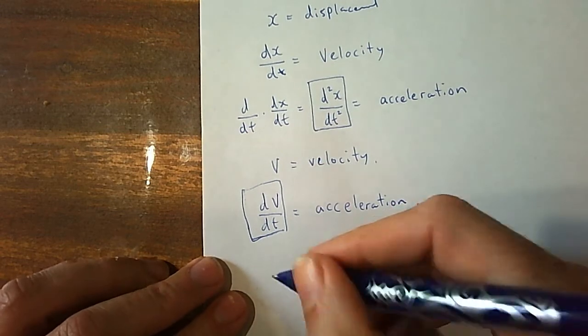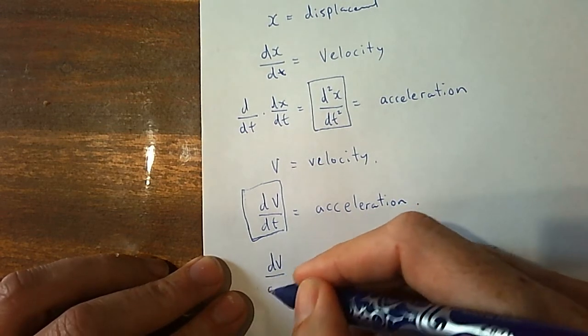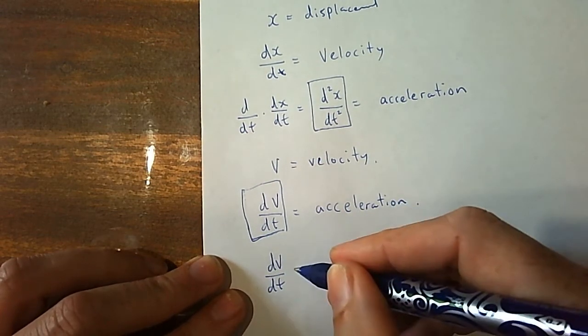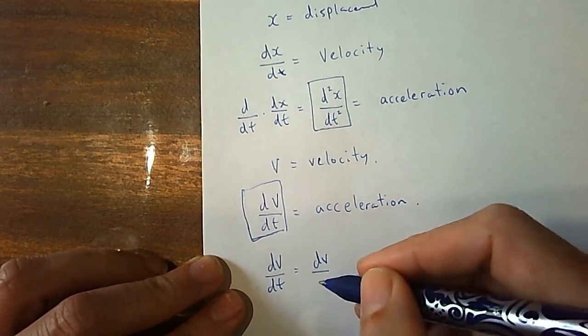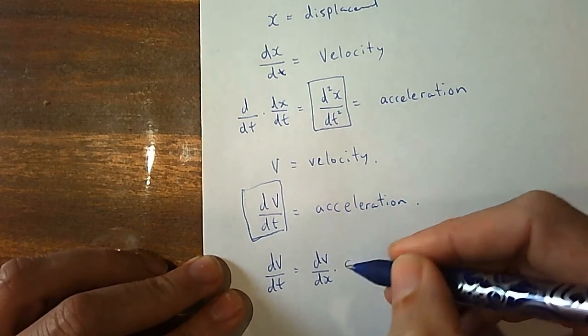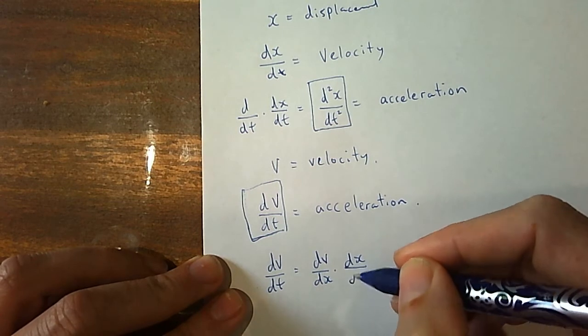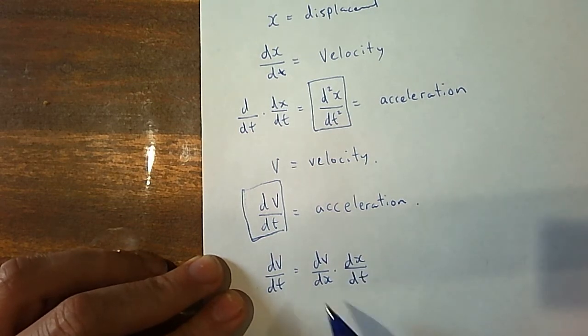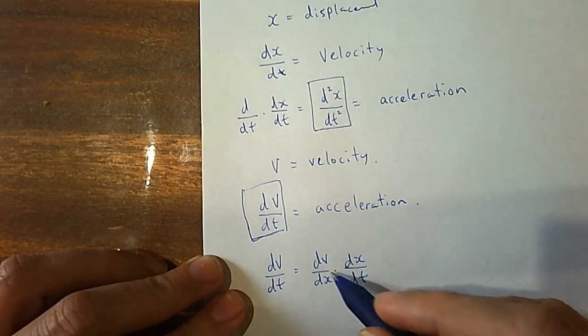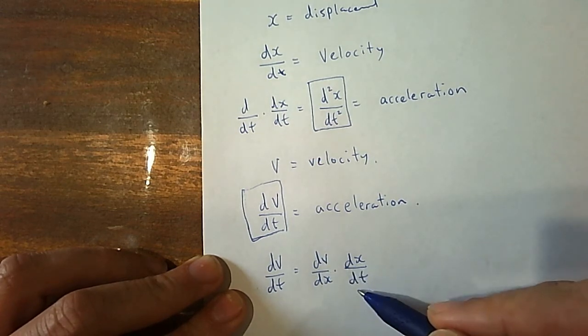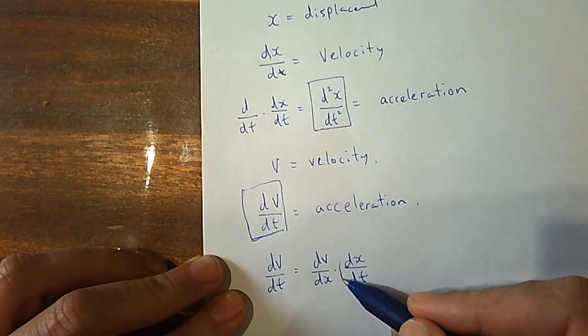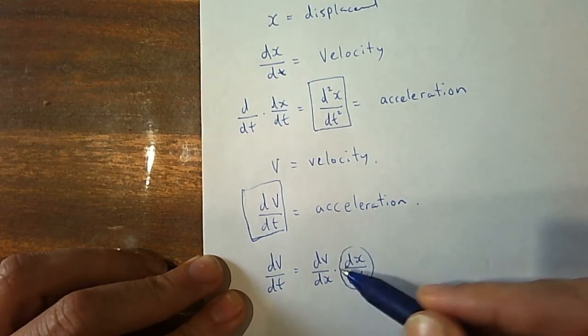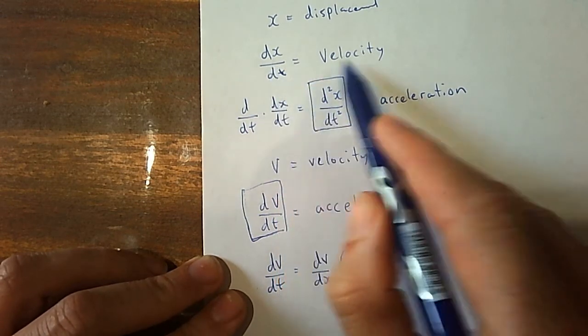Now from here, we know this is acceleration, if I use the chain rule, say dv/dx times dx/dt, we still cancel out, we still get dv/dt. So if we do that, I realize that this part here, dx/dt, we worked it out before, dx/dt is the velocity.